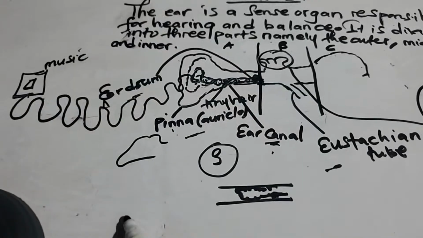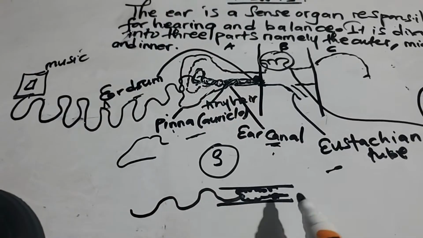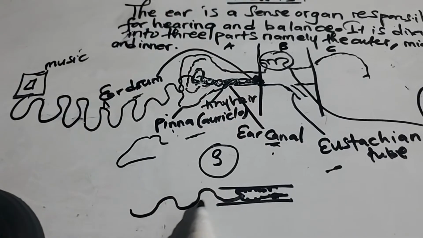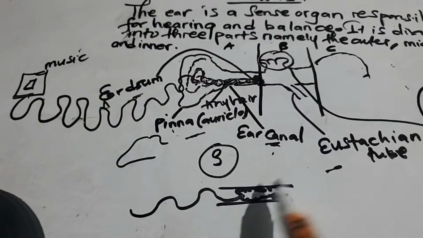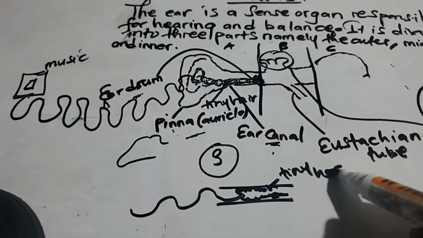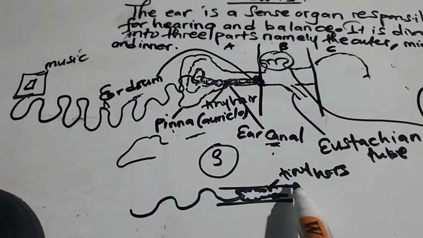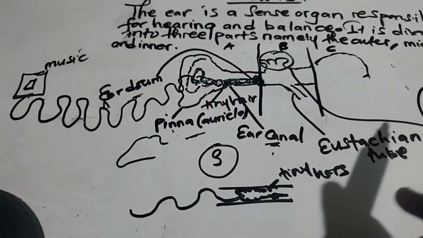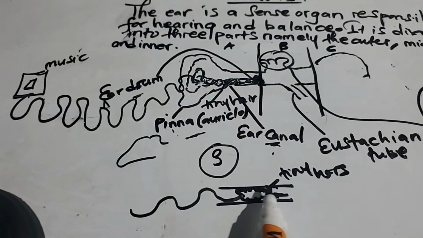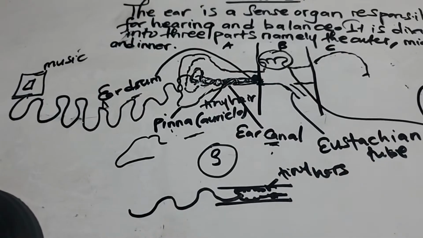This is the passage, then now this is the sound. If this sound contains some dirty particles, the tiny hairs found inside the ear canal help to trap the dust and dirty particles.